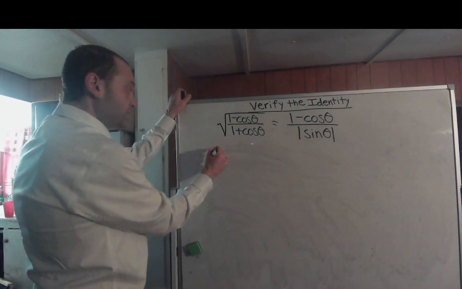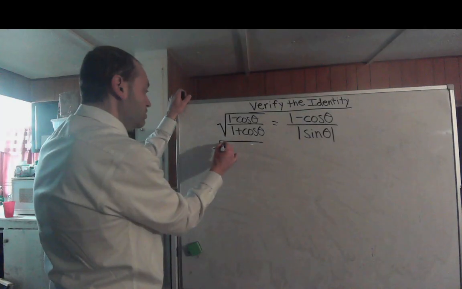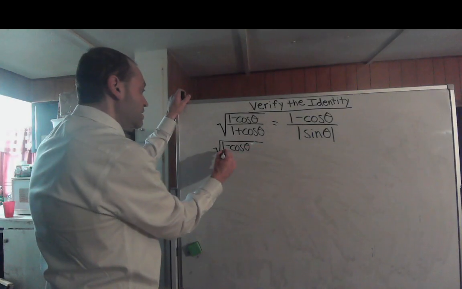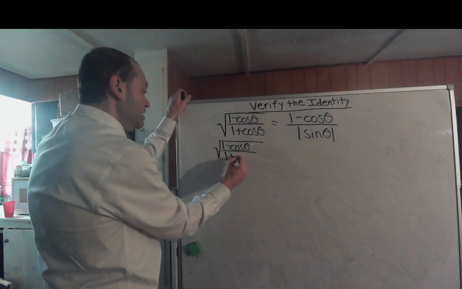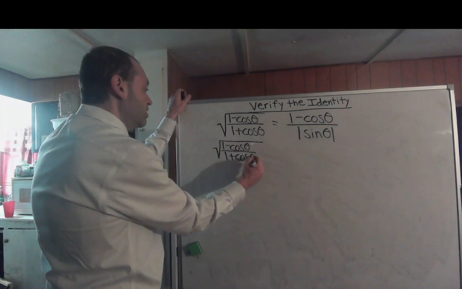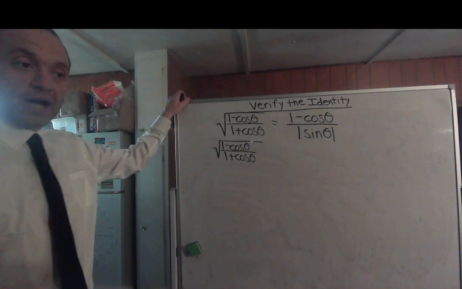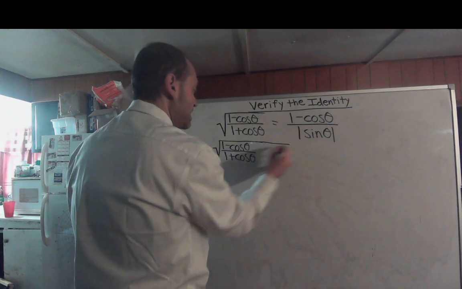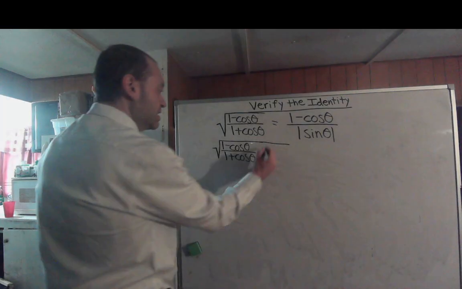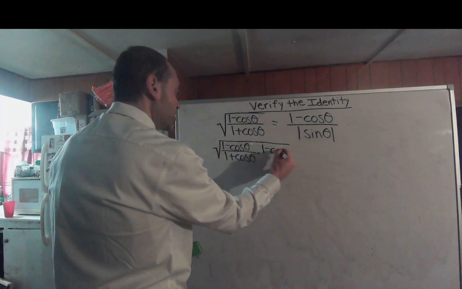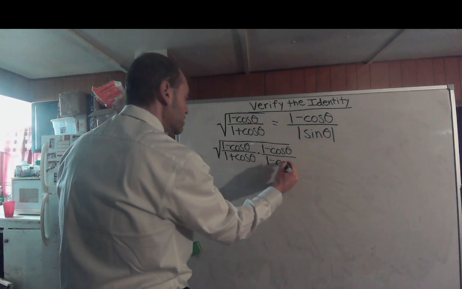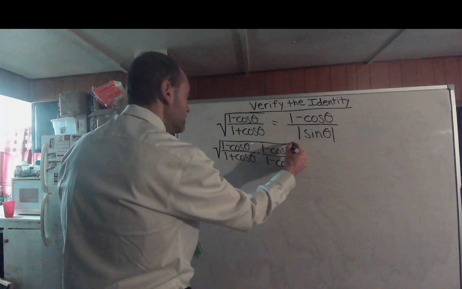So let's start with the left side again here. Alright, so before we even deal with that radical business, we need to rationalize the denominator. So multiply by the conjugate, 1 minus the cosine of theta all over 1 minus the cosine of theta.